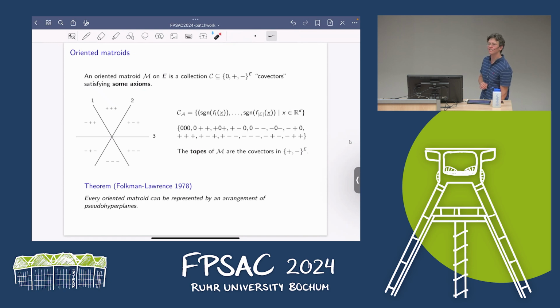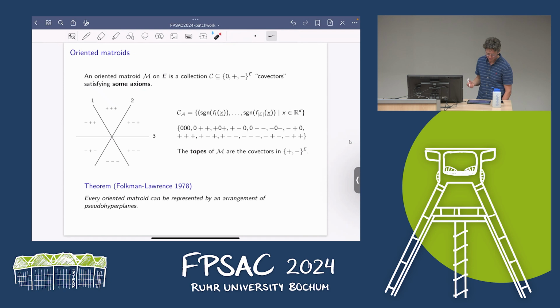What will be more enlightening is how to get an oriented matroid from a real hyperplane arrangement, okay? So here I have 3 lines drawn in R^2, and I should think that each line is given by some linear form, f_i. The ith line is given by a linear form, f_i. And what we're going to record is, for all possible choices of x in R^2, or in R^d in general, what is the sign of the linear form f_i evaluated at that x, okay?